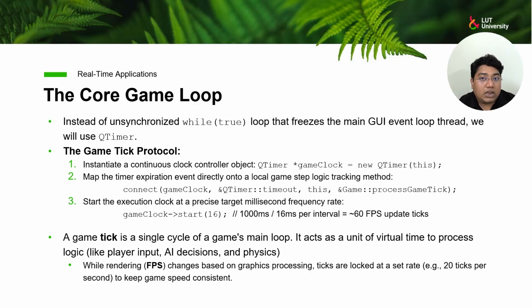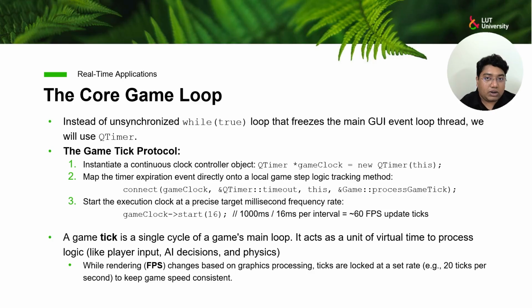One thing I really want to highlight is that you should never write a loop using while true. If you update the game through the while loop, it will completely block Qt's event loop. The window will freeze, the buttons will stop responding, and the operating system may even report that the application has stopped working. So instead, we let Qt remain in control.